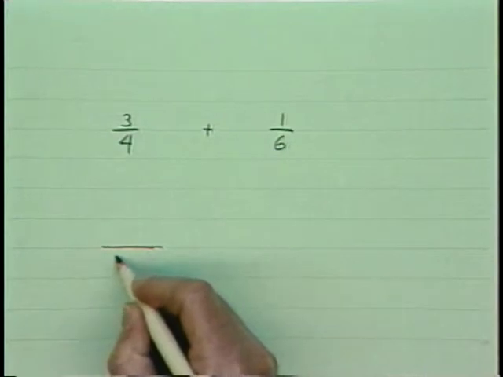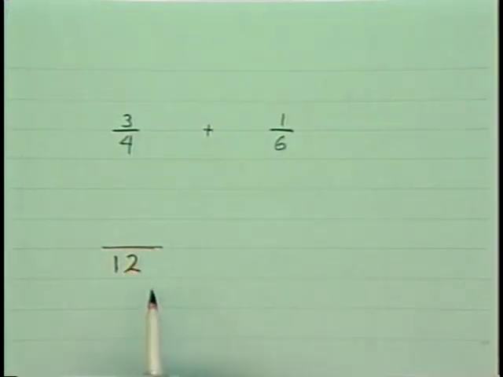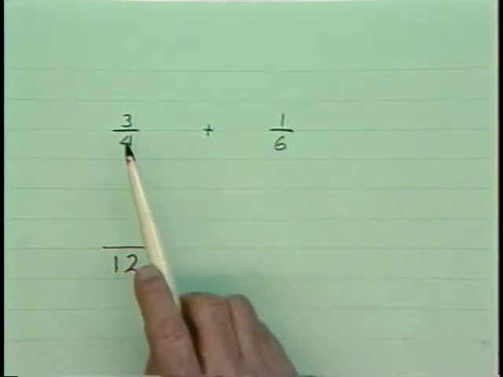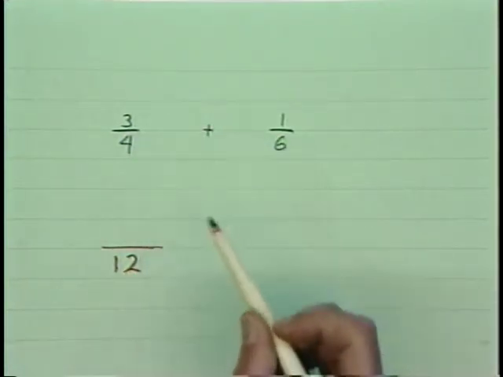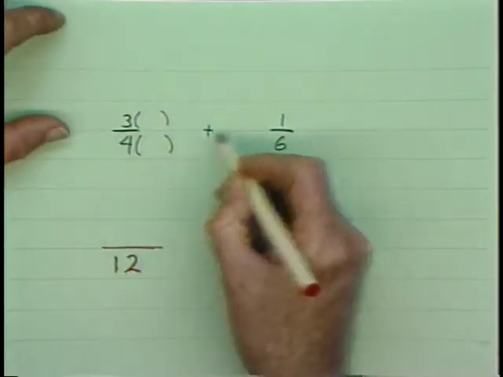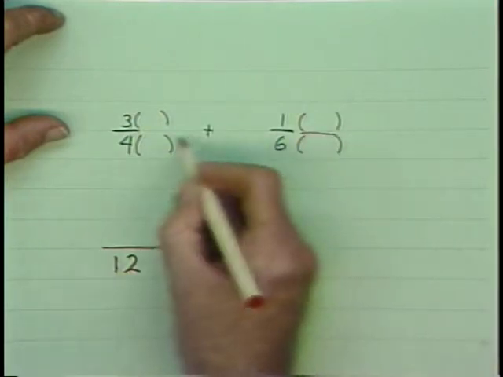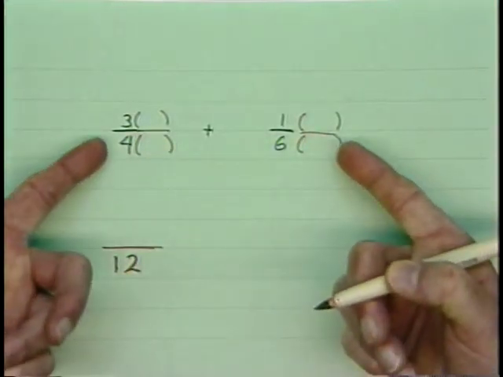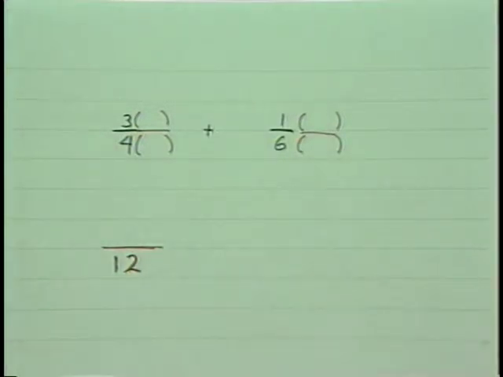And that was 12. Or stated differently, we were finding the least common multiple of the numbers 4 and 6. But then we recall I can fraction build each of these into fractions of equivalent value, but which will then have a denominator of 12.